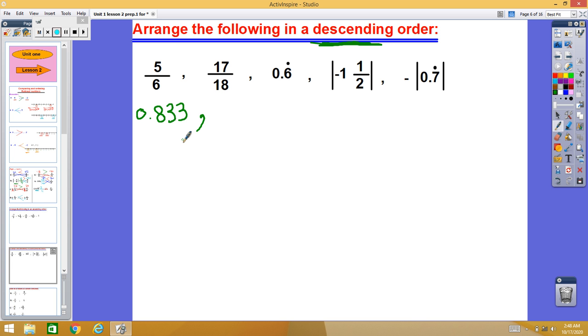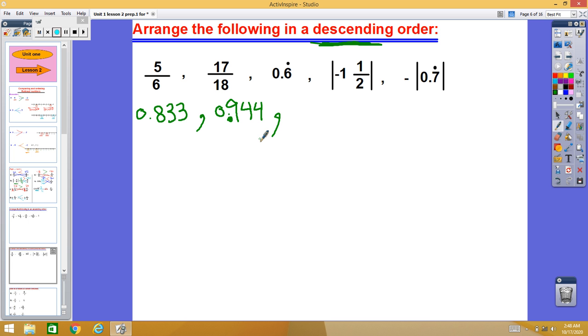Then you write 17 over 18 in your calculator and then write equal. You get the decimal 0.944444 and so on. We don't need to write all of these decimal parts. You choose only 3 decimal places. So we will write 0.944.